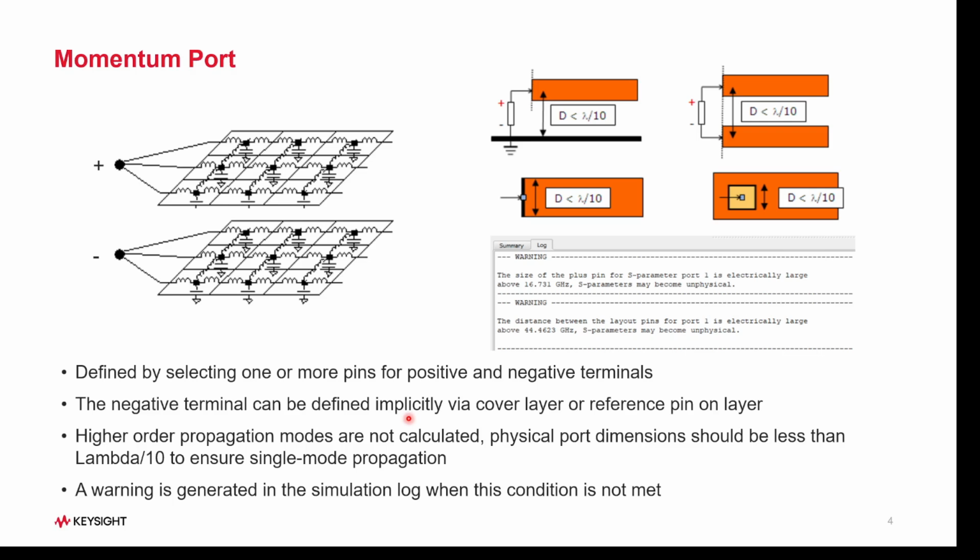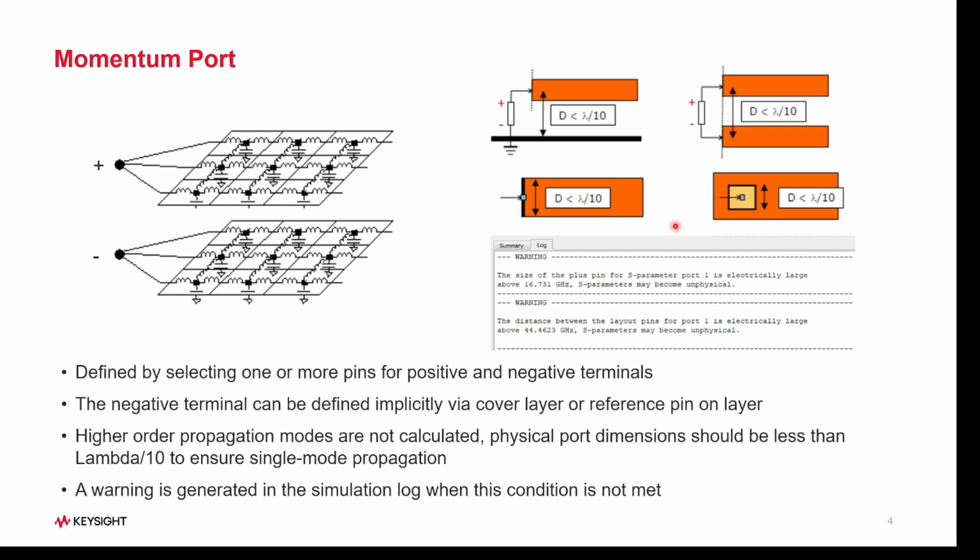One important point to keep in mind in a Momentum port is that higher order and propagation modes are not calculated. So just the fundamental mode, and that introduces constraints on the physical dimension of the ports, as you see represented in this picture taken from the product documentation.